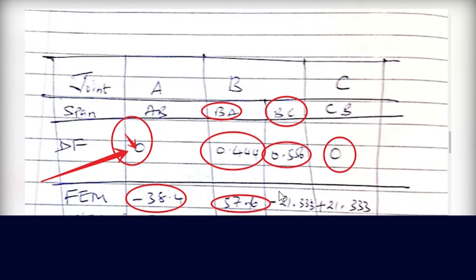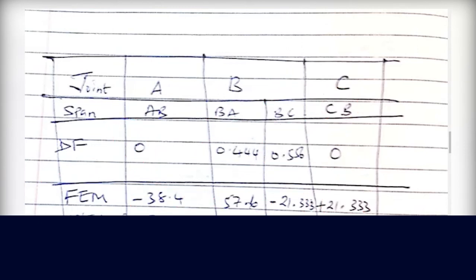Now, for the uniformly distributed load, we get the negative from left and the positive from right. So this is the moment distribution for the fixed end moment between member BC and member CB. So what happened? We must always start by calculating.